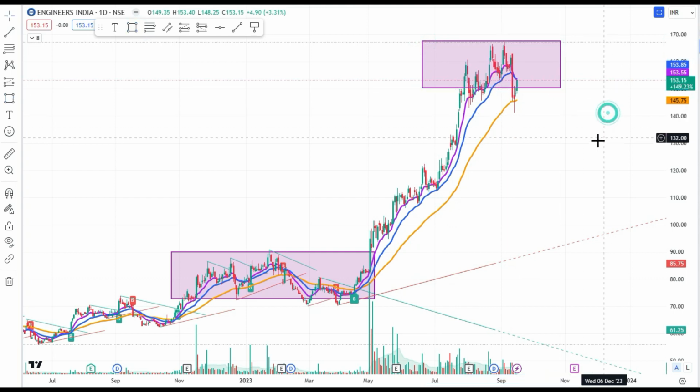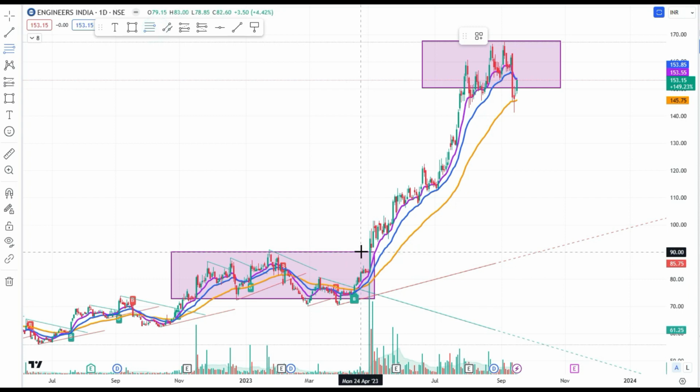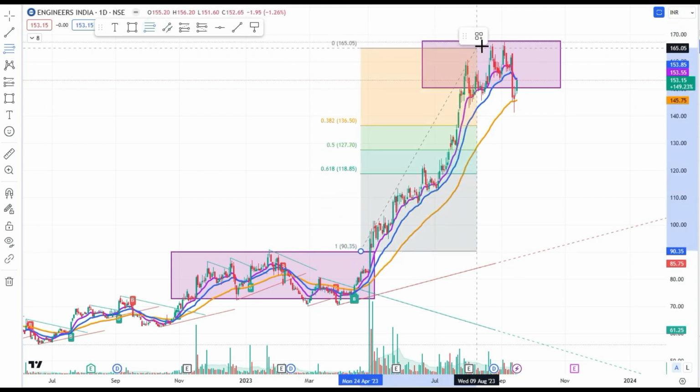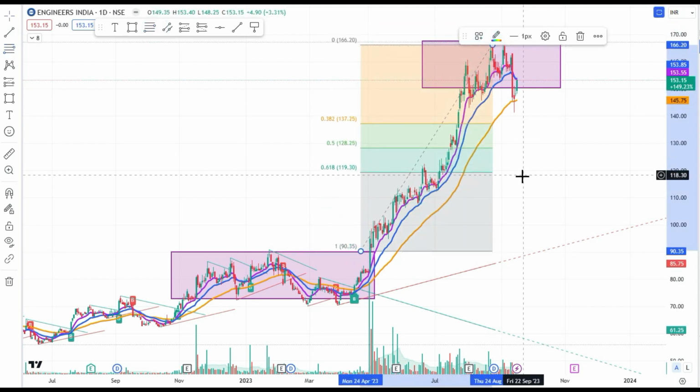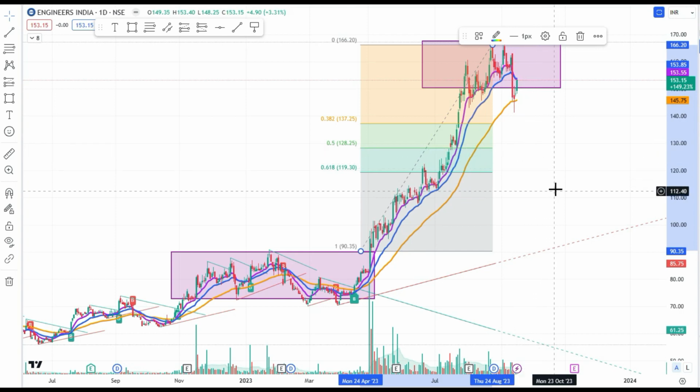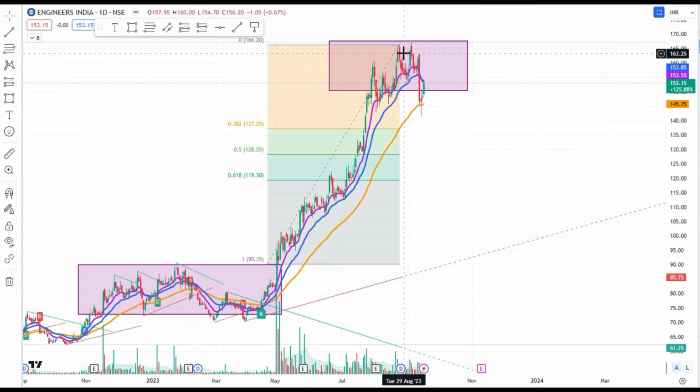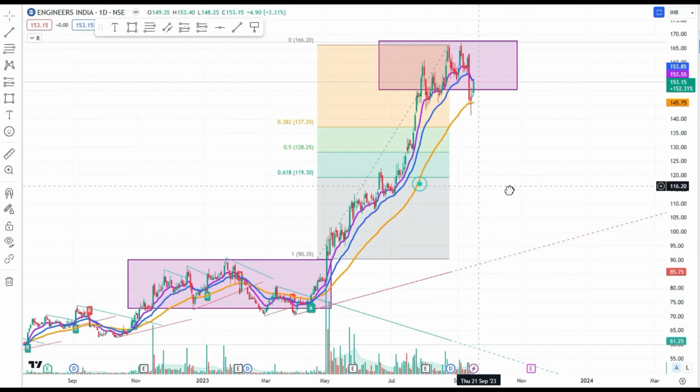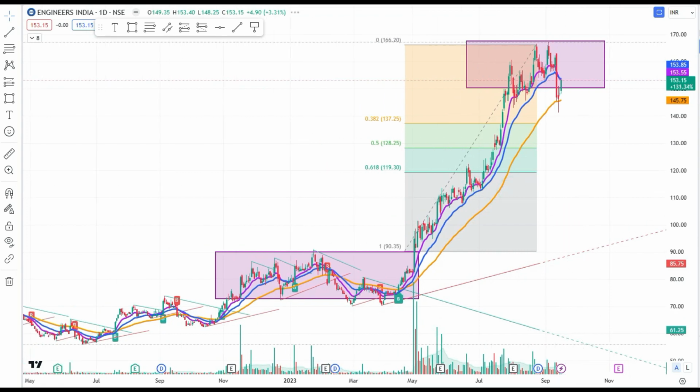Somebody was selling here, and it could actually fall pretty bad, until this. If there is a bull market, it can easily come to this level, 120 to 130 levels. And if you are entering here, probably you're going to lose a lot of money in a short period of time. And that is why pullback entry is very important.